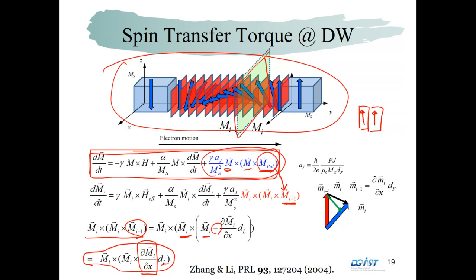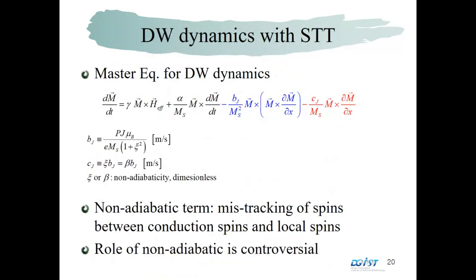Okay, so let's replace this here. But please remember that d_F is the thickness of the ferromagnetic layer. In this case, we are talking about just the single layer, so d_L and d_F are the same, and they will cancel each other out. So we can rewrite the torque on the domain wall here.